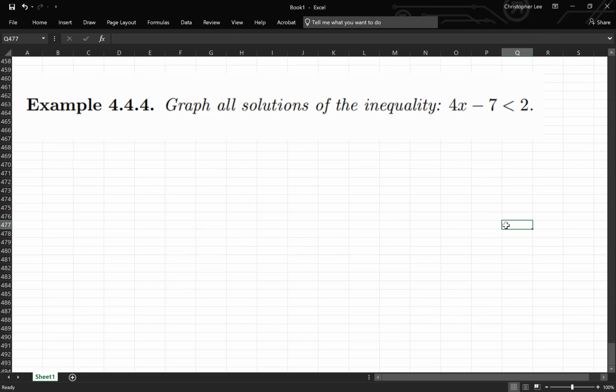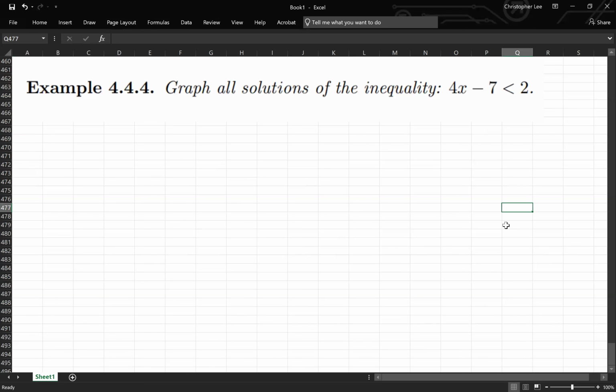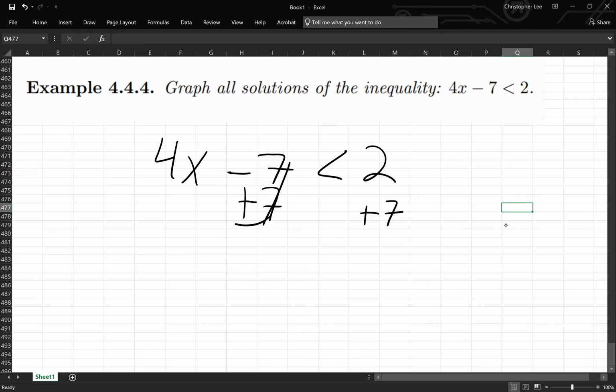Here's another question. It's kind of not fair to ask this because it's a lot easier than what we did before, but you got 4x minus 7 is less than 2. We want to graph this. What am I going to do? Add 7 to both sides, what I do to one side, do to the other.